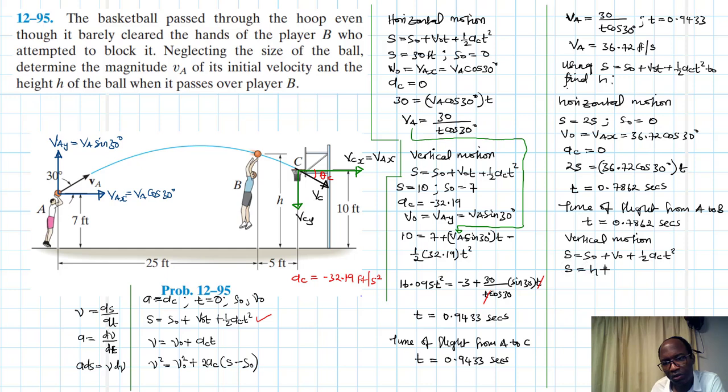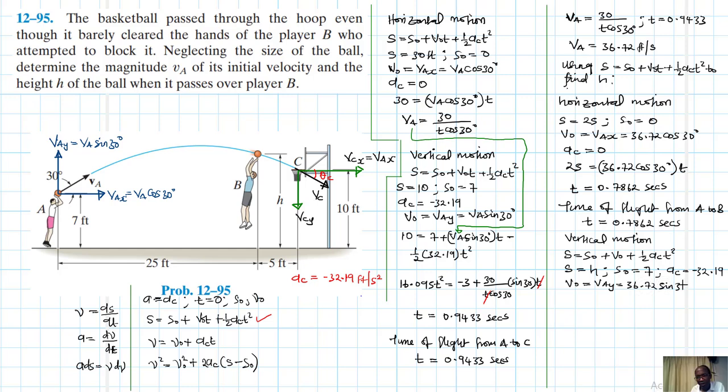S is equal to H, S naught is equal to 7, AC is equal to minus 32.19, and V naught is equal to VAY, which is 36.72 sine 30, and T is equal to 0.7862.